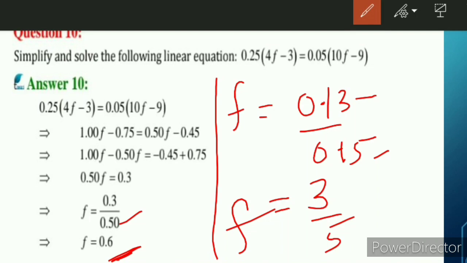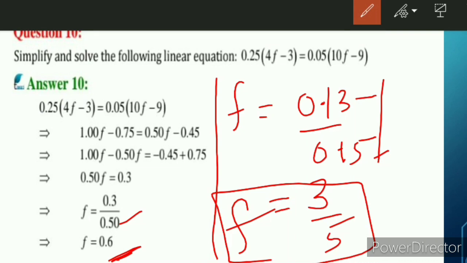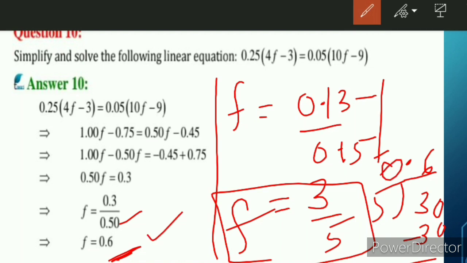You can keep it like this, or if you want to simplify further, you can divide 3 by 5. How will you divide 5 and 3? Put a point and add 0. 6 times 5 is 30. 0.6 is the solution.